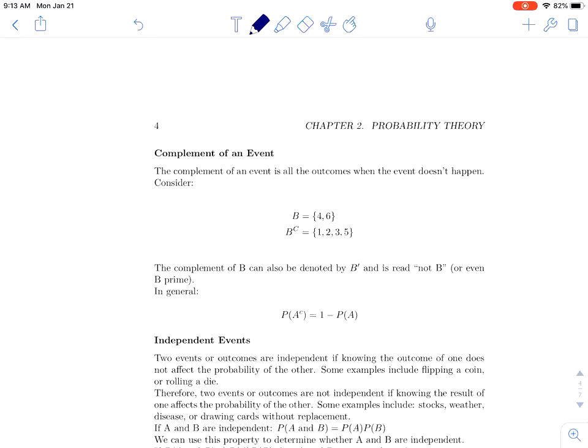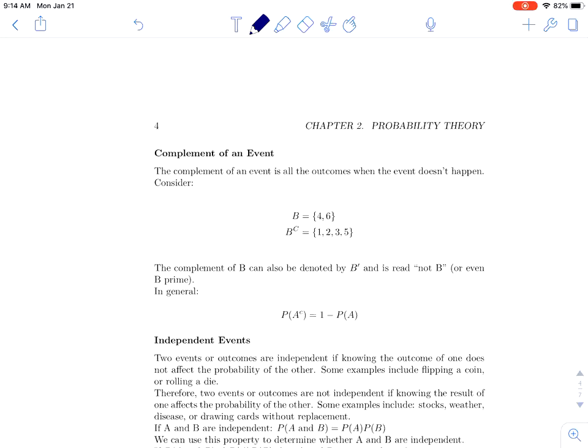The complement, which we denote by a superscript C, or I've made a note here, sometimes I'll get lazy and just write B prime, a little apostrophe. I'll try to stick with the C's because that's what's on your formula sheet, but if you want to use primes, you're allowed to. Sometimes it's easier to write B prime. They mean the same thing.